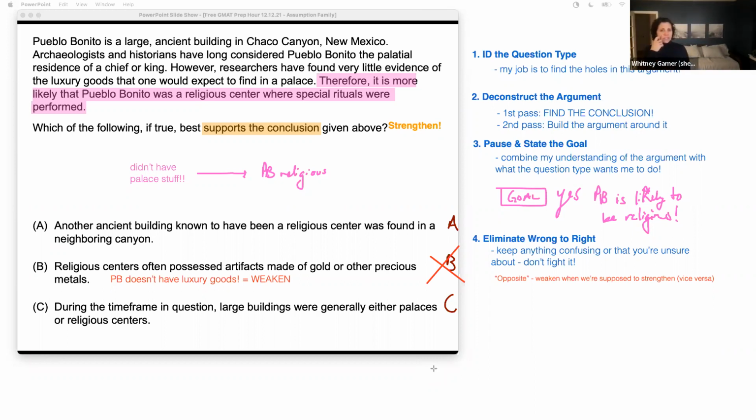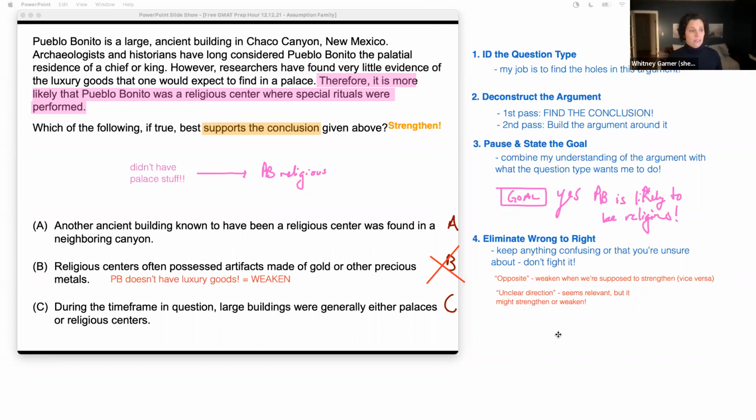So then where does A fit in? A, I would plug into unclear direction. So this is another one where it's like, okay, I think it might be relevant, but I'm not entirely sure if it strengthens or weakens.